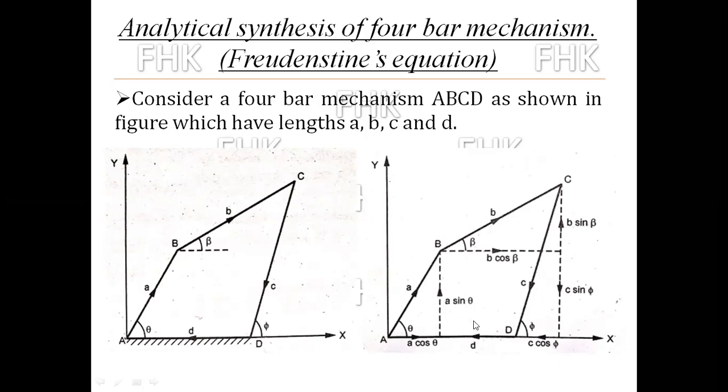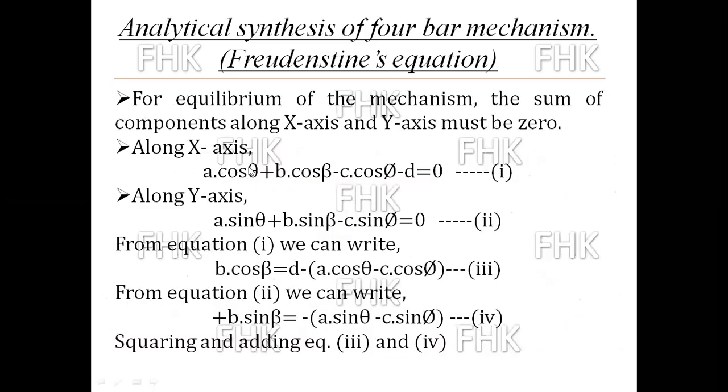These are all the components along the x-axis. So a cos theta plus b cos beta minus c cos phi minus d is equal to 0. This is equation number 1.